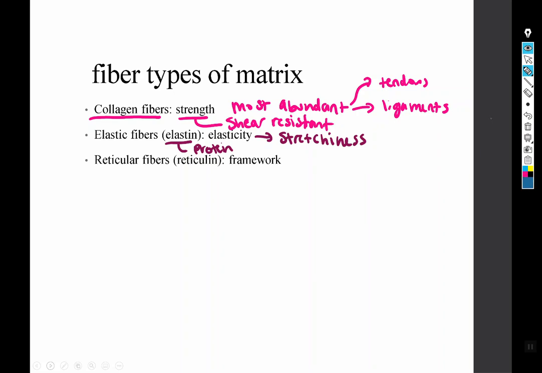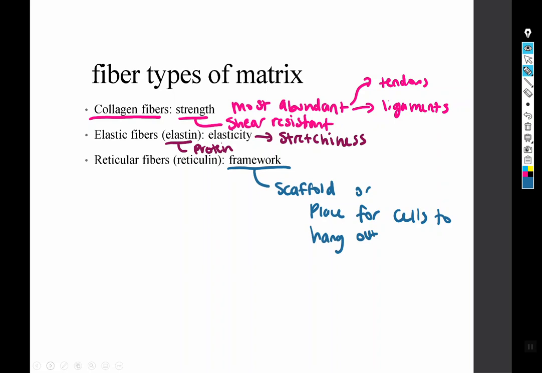So this provides a scaffold or place for cells to hang out. So a lot of your squishy, soft organs that nonetheless are distinct from their environment are actually made of or contain reticular fibers just as a network for cells to hang out in.